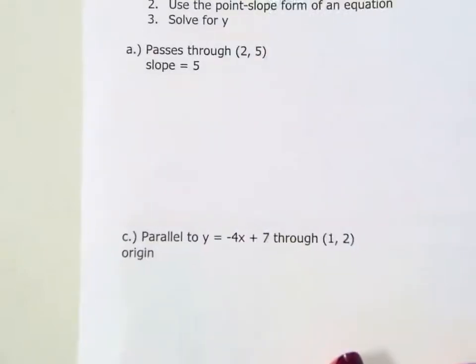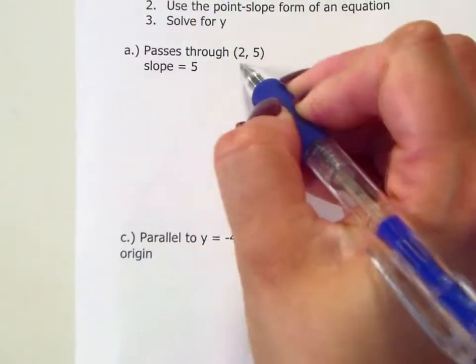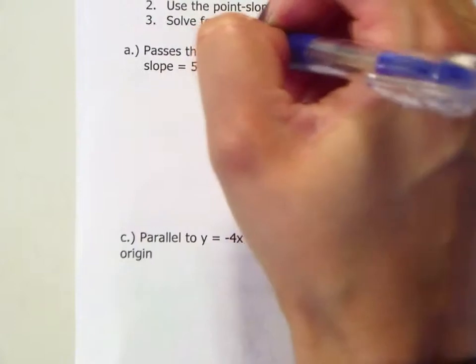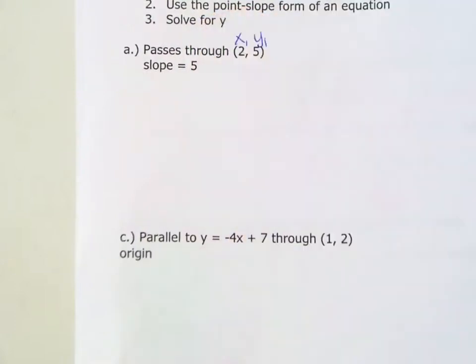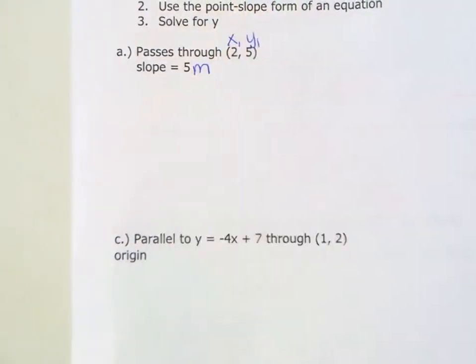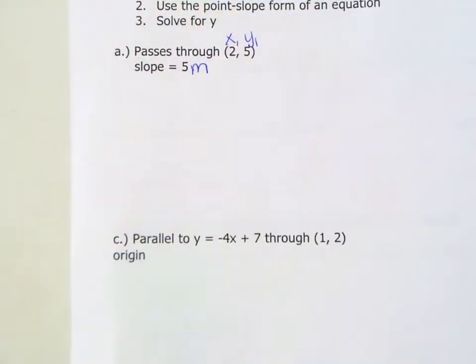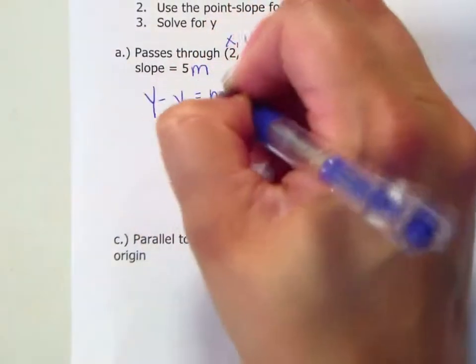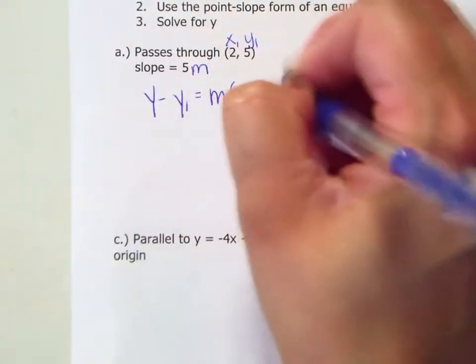The first example, they are giving us a point that our line passes through. This is our values of x1 and y1. And then they are also giving us our slope, which we know is m. So we can use our point slope form. You might want to rewrite this.